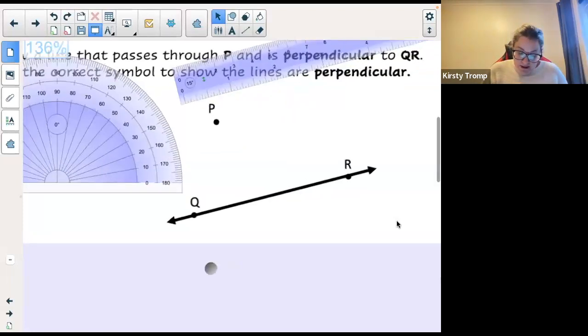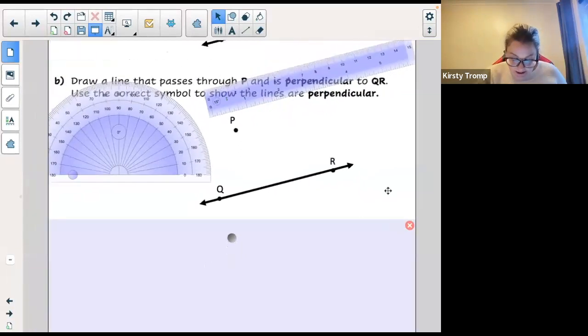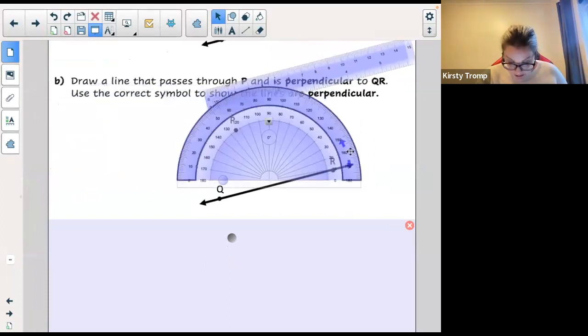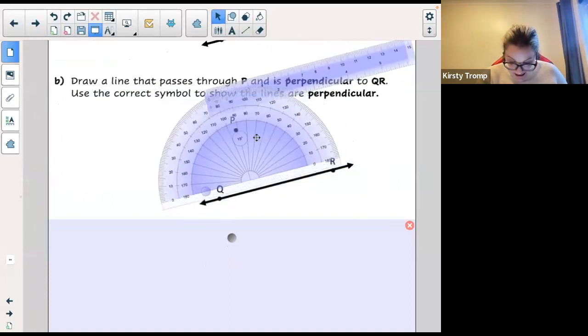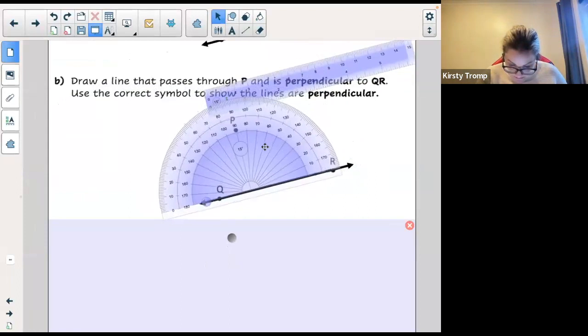All right. So let's go have a look at this question now. So I need to draw a line that is 90 degrees. So what I'm going to go do is I'm going to go and line up my protractor on my straight line.